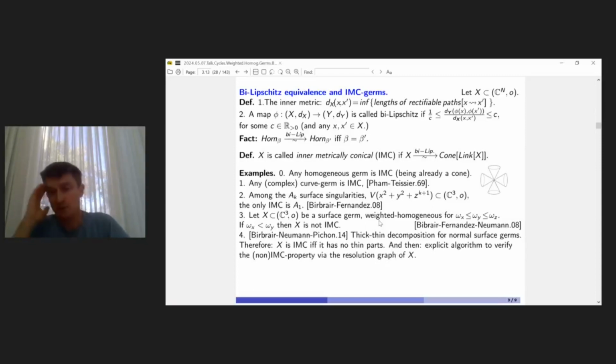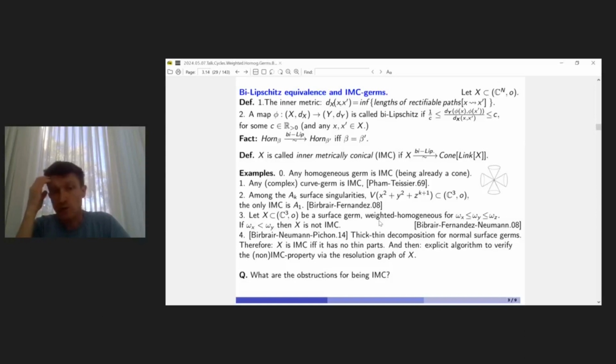Then they gave an explicit algorithm to verify whether a normal surface germ is inner metrically conical. You resolve it, you get the resolution graph, and from the resolution graph you get all that you want. The only problem is that sometimes it's tricky to resolve a singularity. And also this was for two dimensions, of course.